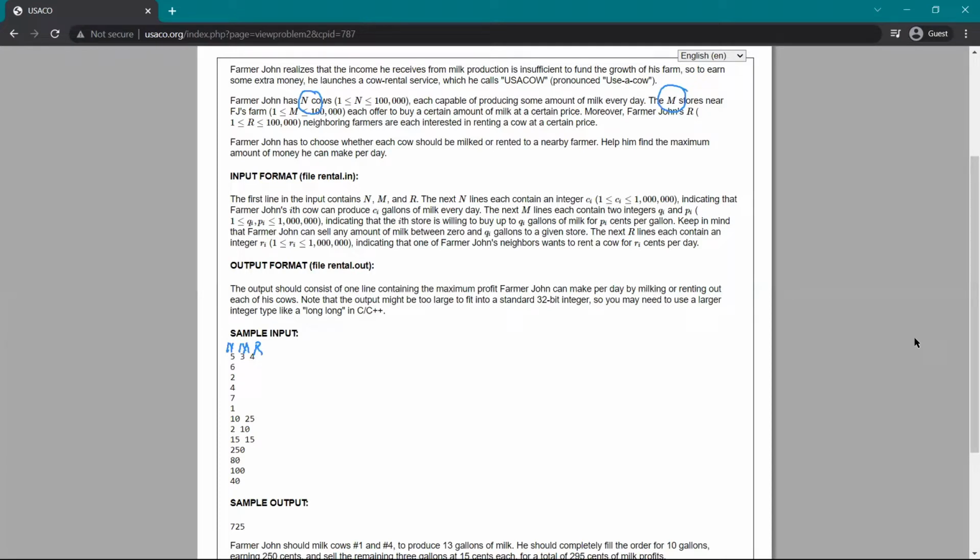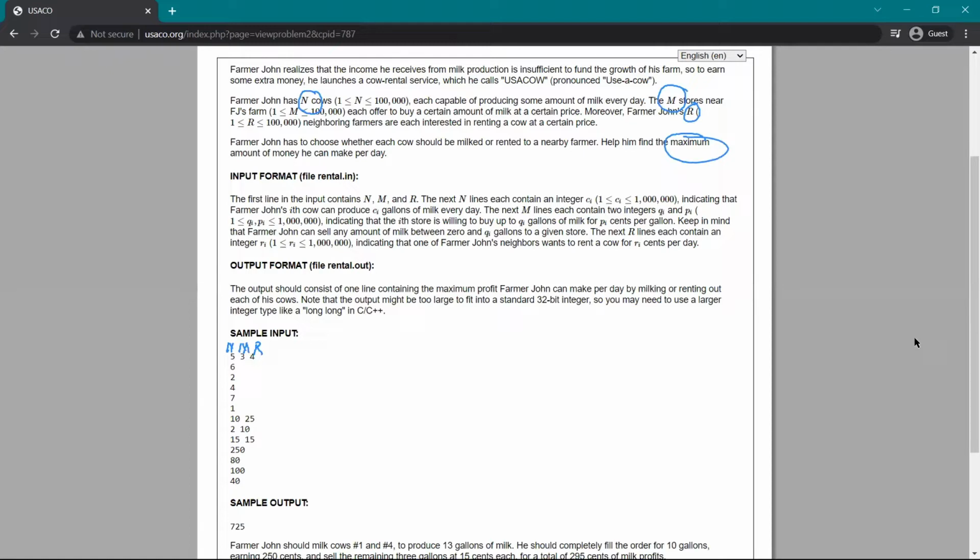But in this case, because we're trying to find the maximum amount of money, we will want to sell our milk at the highest price. And then we have R, the neighboring farmers, which means that we want to rent out at the highest price as well. But in this case, we will probably want to rent out the lowest milk producing cow to them because we want to sell the most amount of milk to the stores.